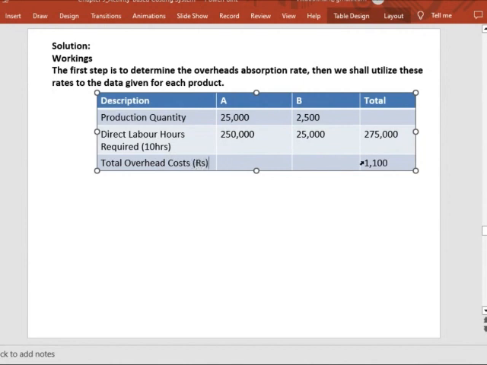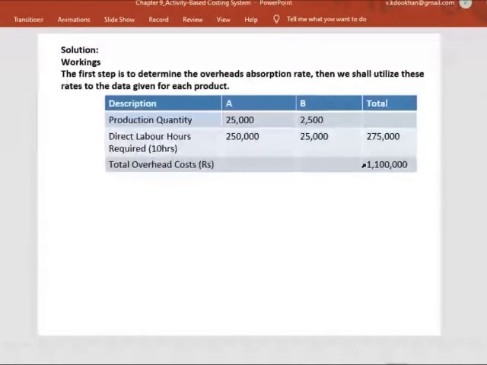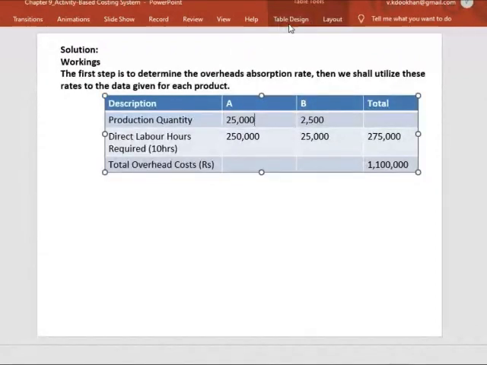Okay, so now I know that I can calculate my overhead absorption rate per labor hour. So I have to put one line to do.